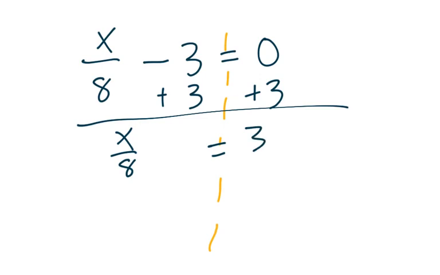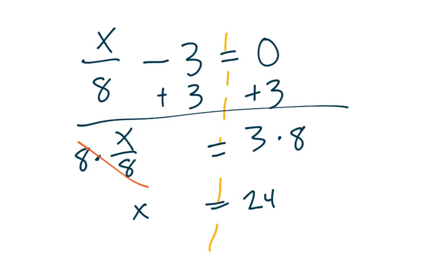And now the inverse of dividing, or the opposite of dividing, is multiplying. So I'm going to multiply by 8 on both sides. And that's going to cancel out. I'm going to get x by itself. And I'm going to get 8 times 3 is 24. So I think it's 24.